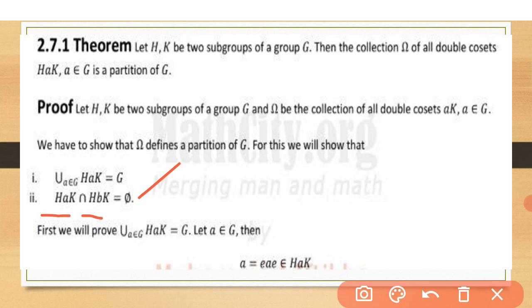So first we will prove that the union of HaK, where a belongs to G, will be equal to G. Here we can easily see that by taking element a from G, and by taking the identity element from H and the identity element from K, it will be equal to a itself.